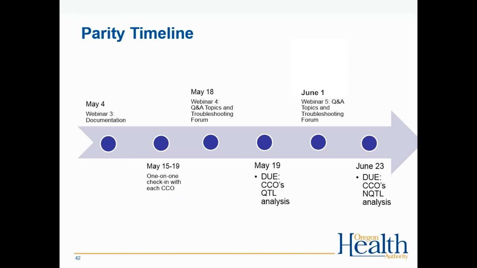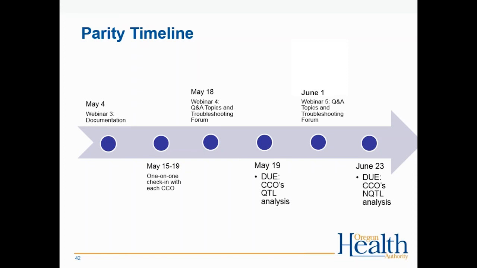So I want to now just turn to close out the presentation and talk about some of the timelines and resources that are available. The upcoming webinar 4 will deal with documentation and some of the different aspects of creating documentation for QTLs, NQTLs, and other aspects, on October 2nd.